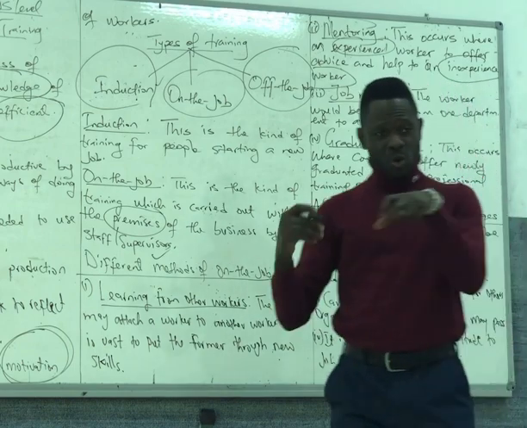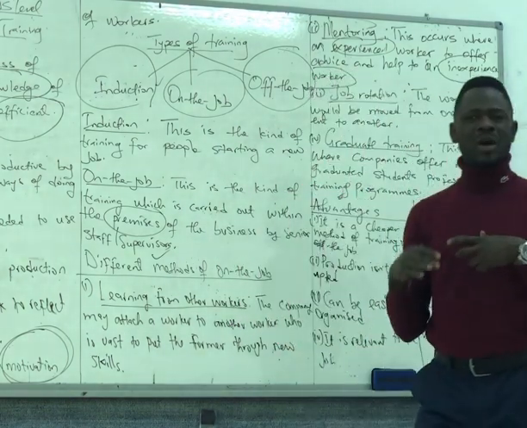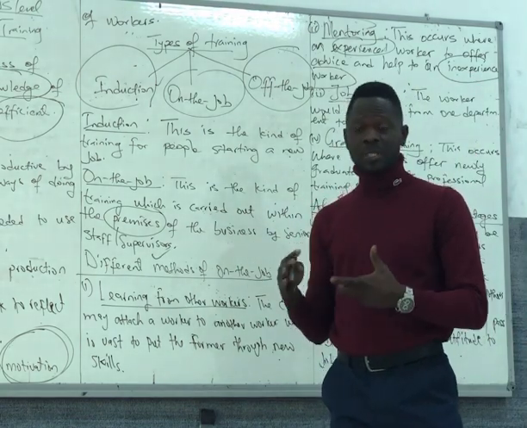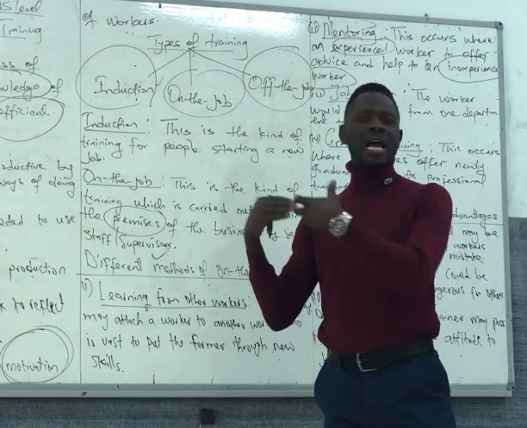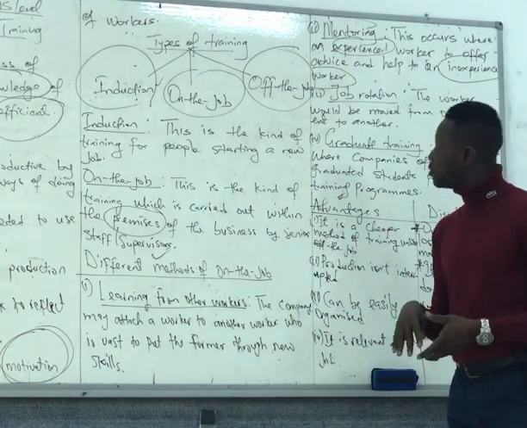Here, an experienced worker means that worker who is in the organization, who has spent so many years in the organization. He has experience. He knows more about the business. He knows more about the operations. He's going to only advise you and help you whenever you have issues. That is still on-the-job training.